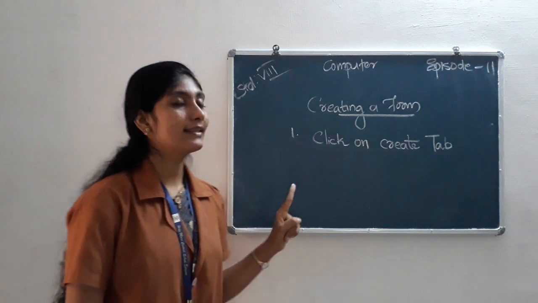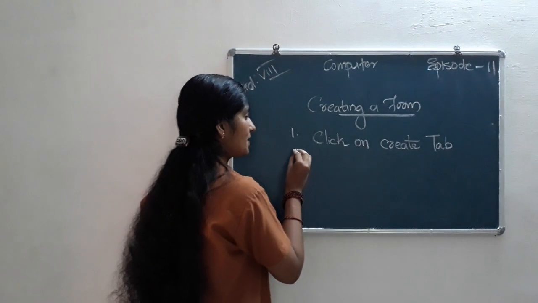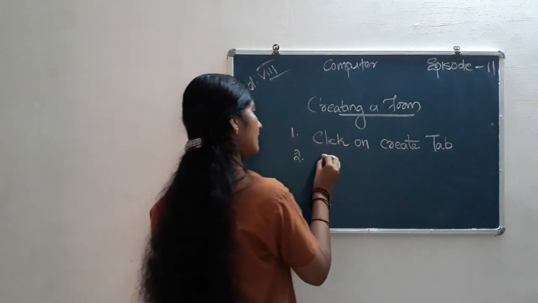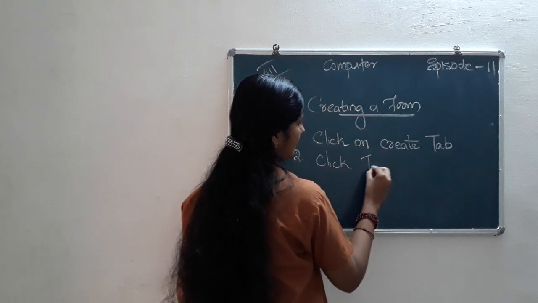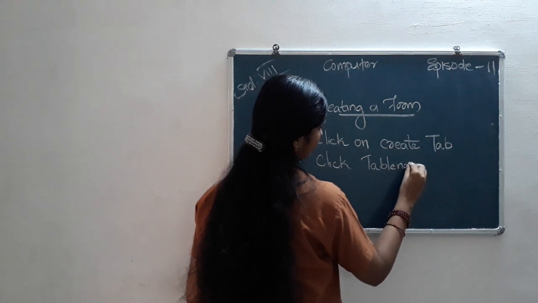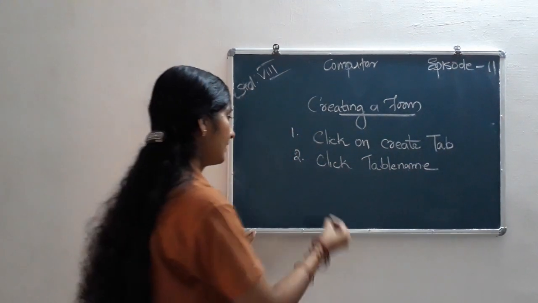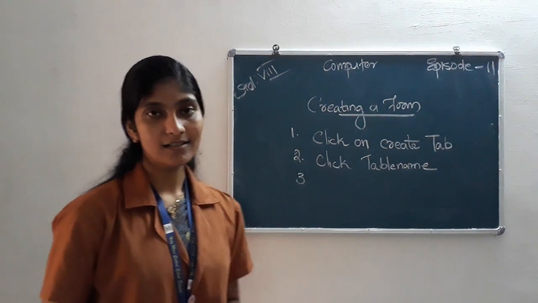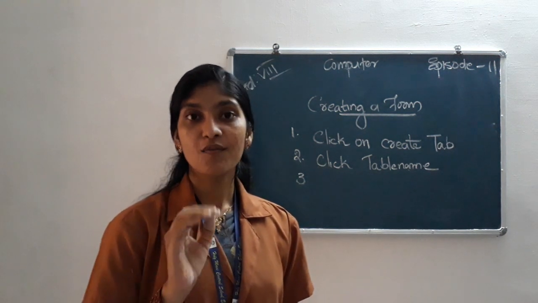So click the table name for which you want to create a form. So second step is what? Click the table name. Click your desired table name.